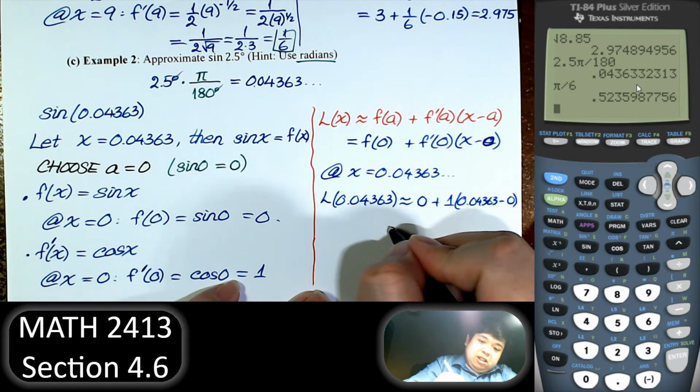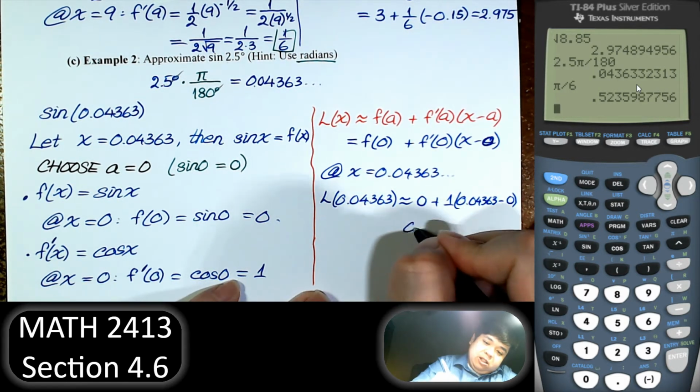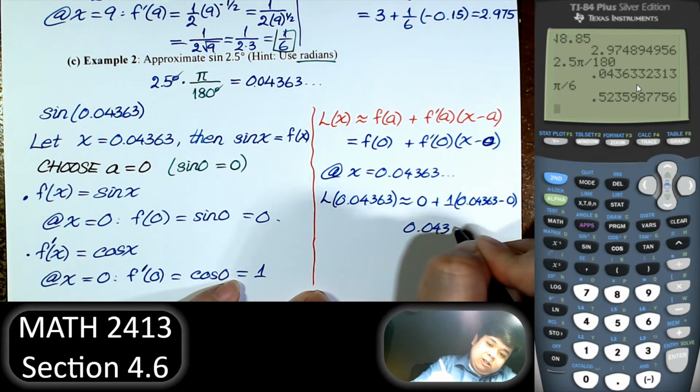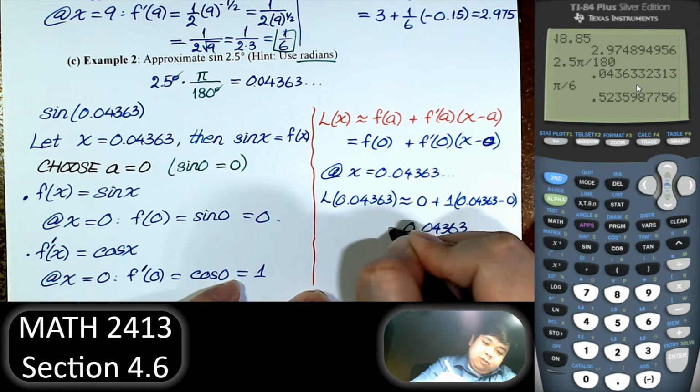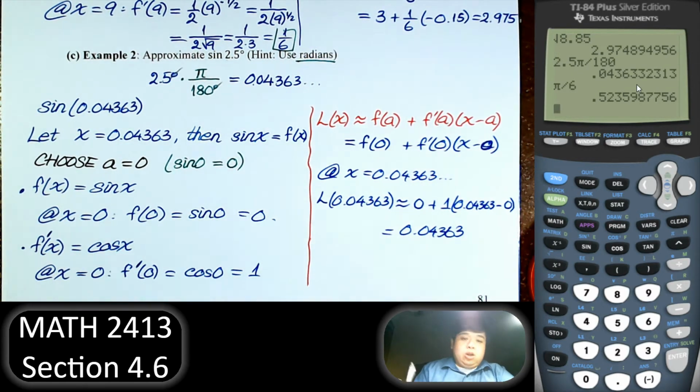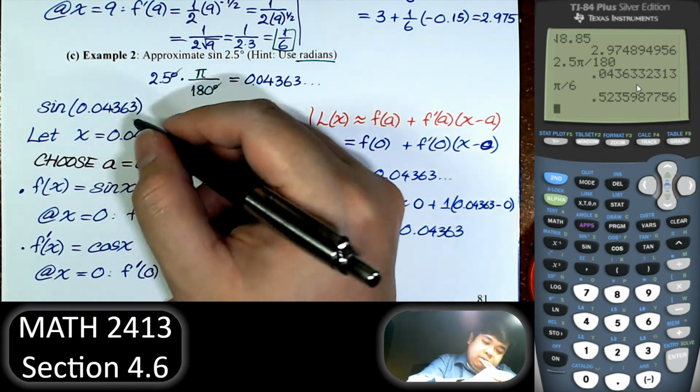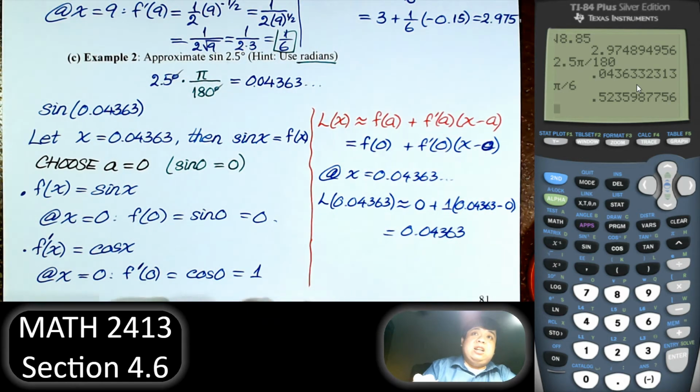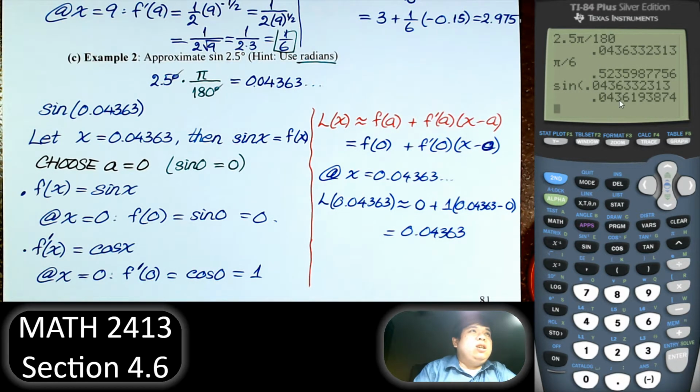Of course that gives us just this number. So sine of this value is approximately equal to itself. Of course you see they're very close to each other.